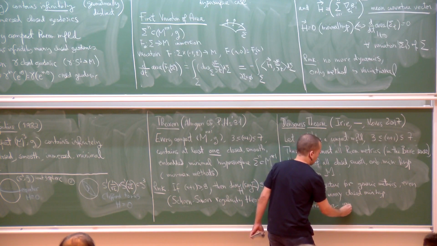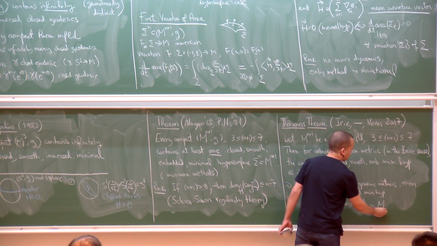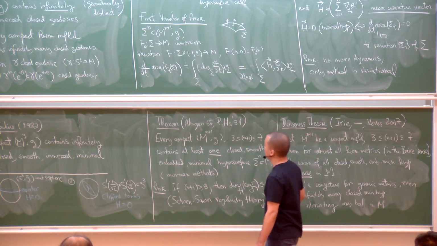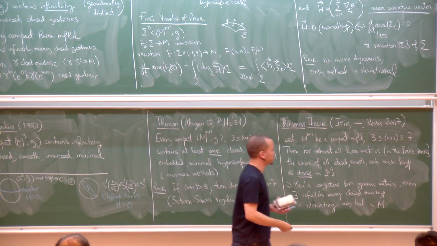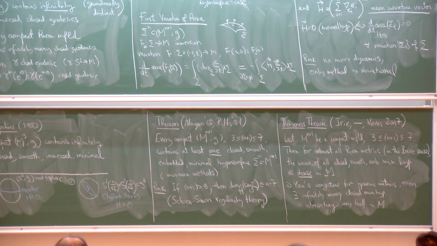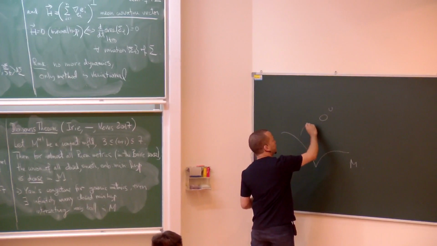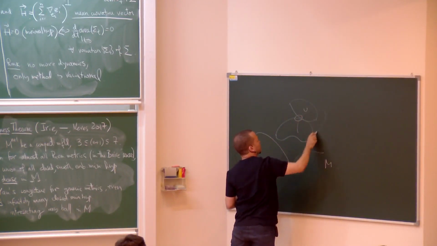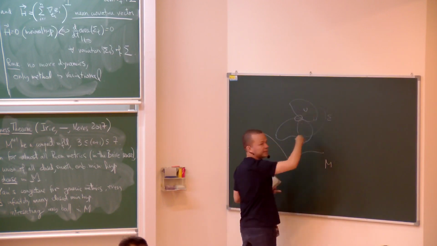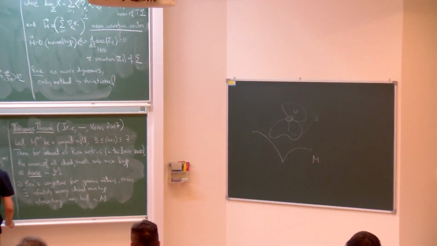Intersecting any ball. Okay, so if you choose a metric randomly, for a manifold M, no matter how small the region you give me, there will be infinitely many sigmas intersecting that ball. Okay, that's the theorem.